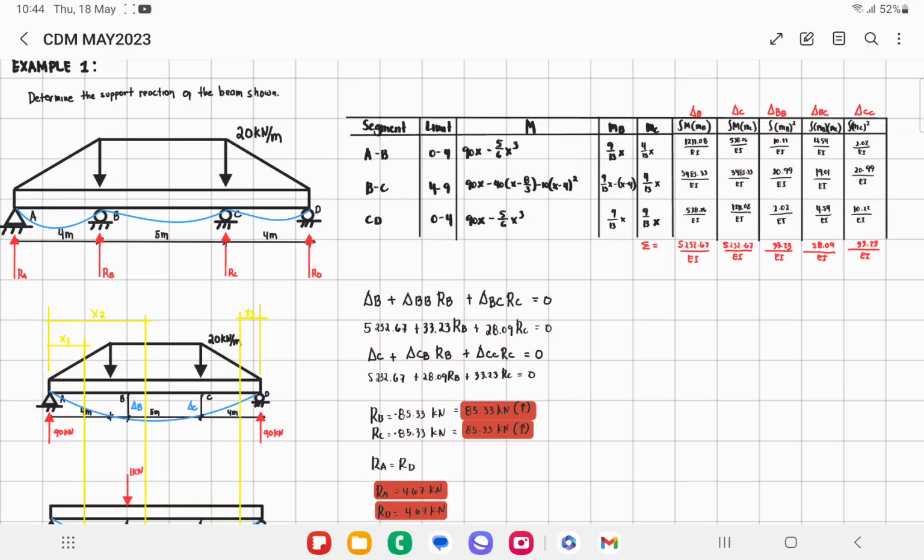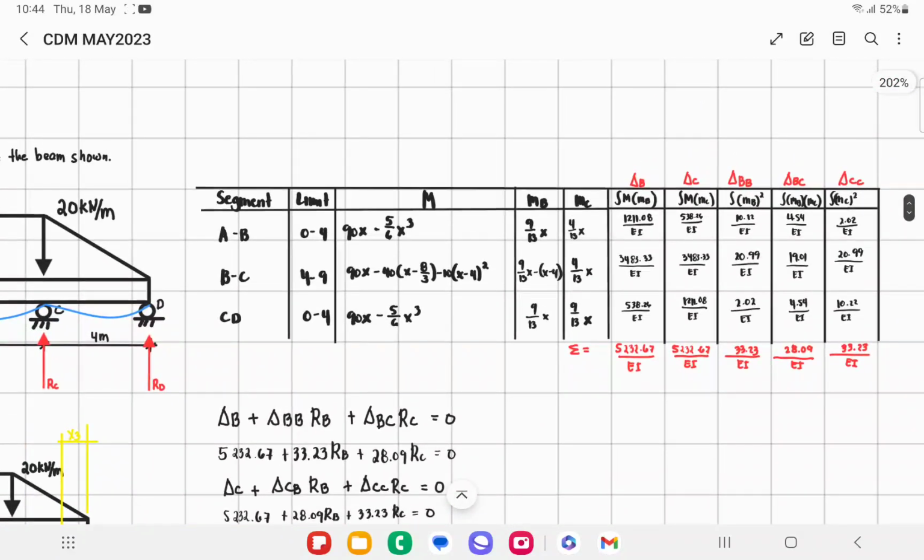Okay? And then, to compute for the deflection at B, alam naman natin, ang deflection from the virtual work system is that we integrate the primary structure moment times the virtual moment at that point. Okay, so malaking M times MB.